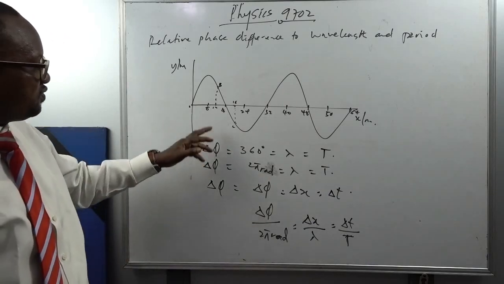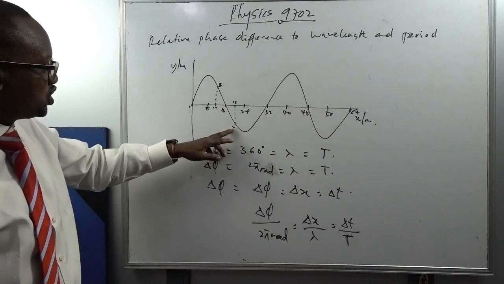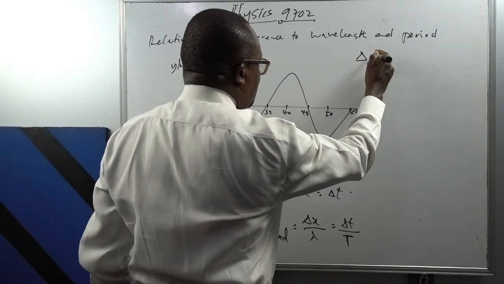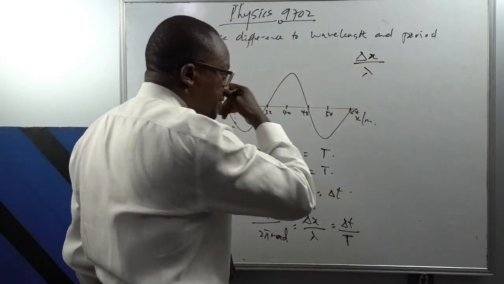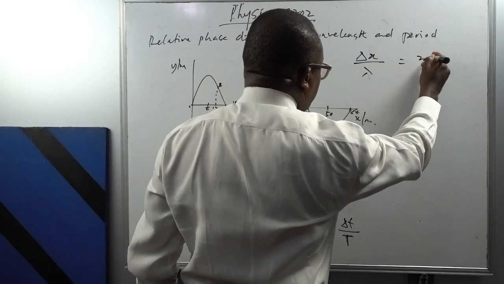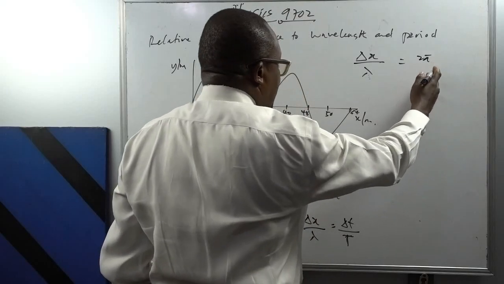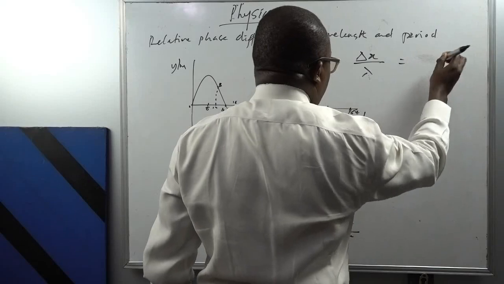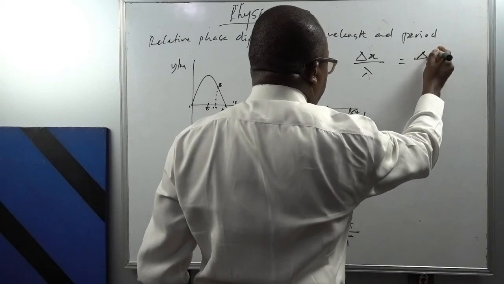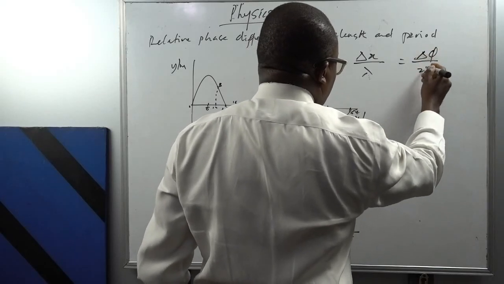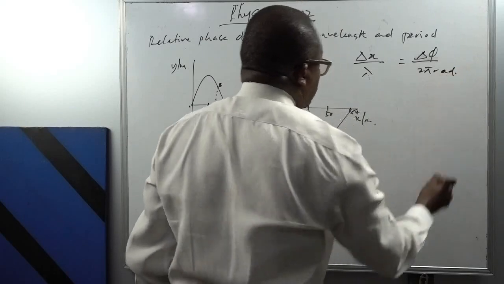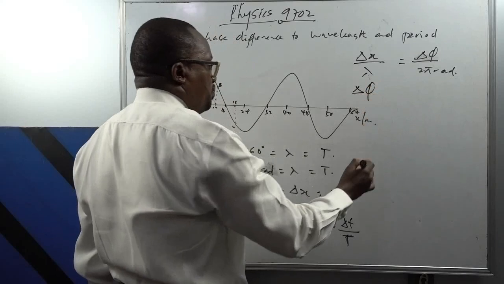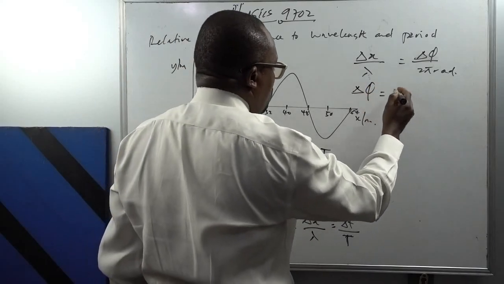So if I now want to find the phase difference between particle C and particle B, I can say that the distance difference between B and C over one wavelength must be equal to the phase difference delta phi over 2 pi rad. Okay, so the phase difference between those two points, delta phi, will be equal to what?